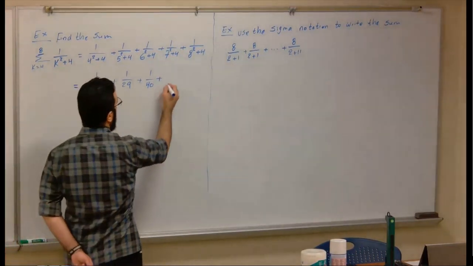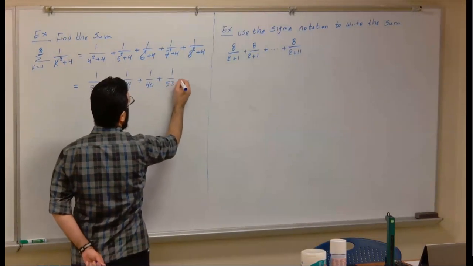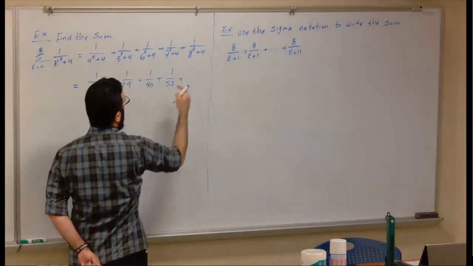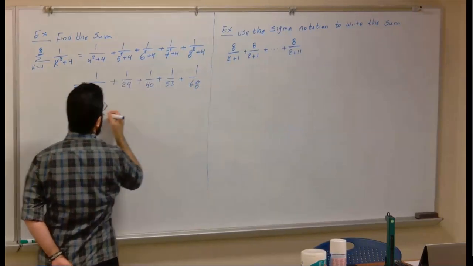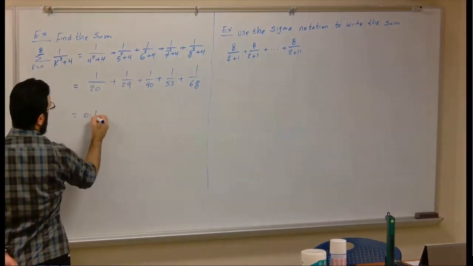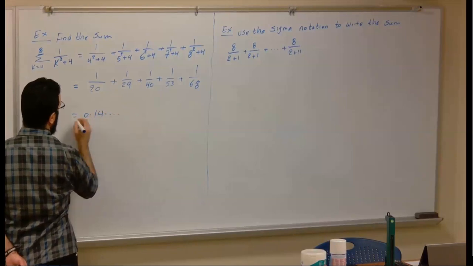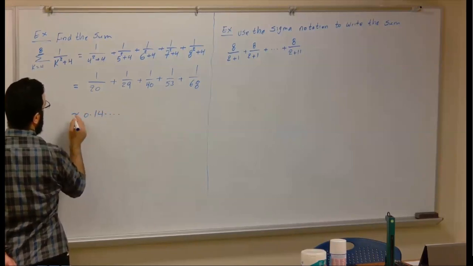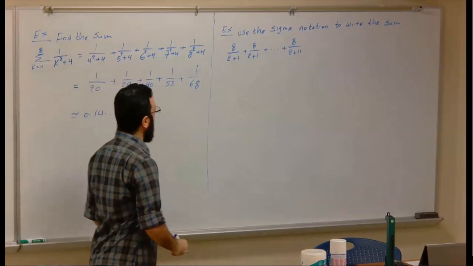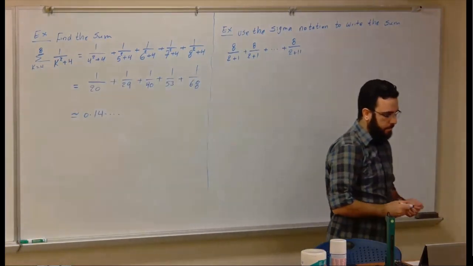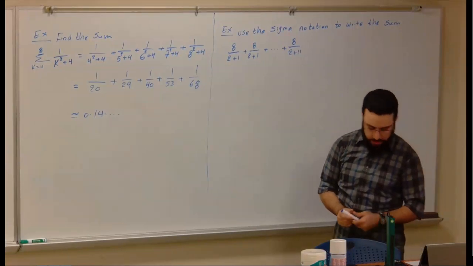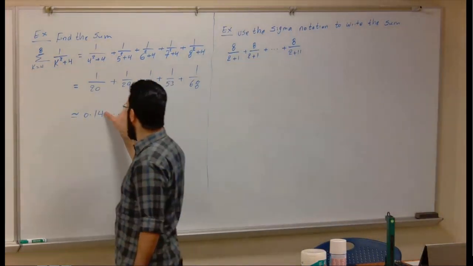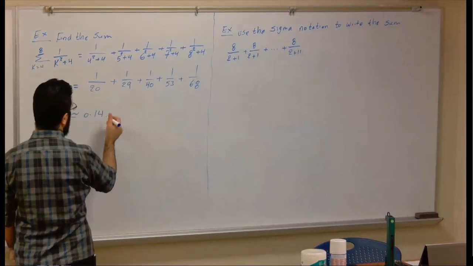So 1 over 53 plus 1 over 64 plus 4, 1 over 68. You're gonna add these, going to be approximate to this number, 0.430. They're not gonna tell you, and they're gonna tell you how many decimals.